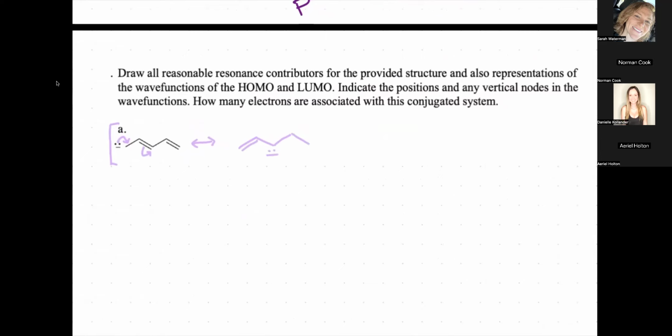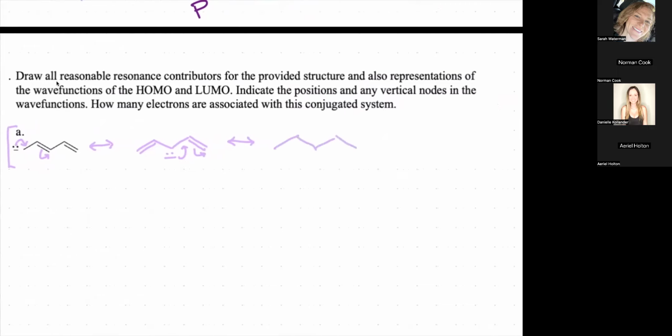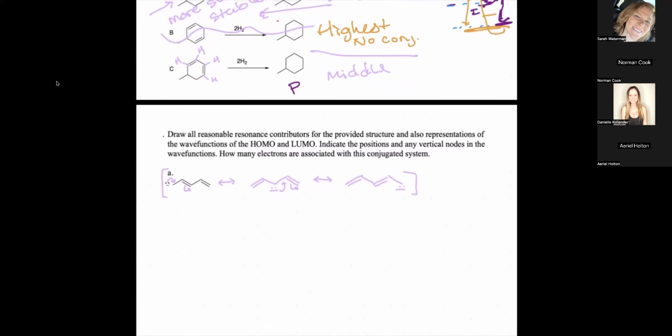Okay, now what? Oh, whoops, sorry, let's not forget this. All right, so now we just move those non-bonding electrons again. 2, 3, 4, 5. Okay, and then we've got this, and we've got that. Is there anything else we can do? You guys see anything else that can happen on this? I don't.